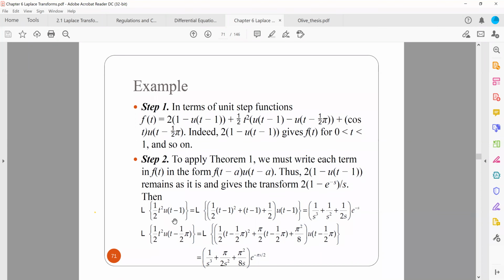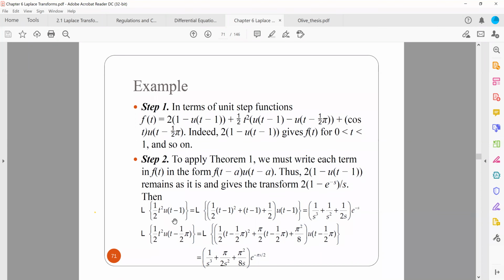For cos t, same thing. With its ut minus a half, you have e to the minus pi s over 2, then Laplace transform of cos t plus a half. Okay, this one again you will use the trigonometry. I think for cos a plus b, it's cos a times cos b minus sine a times sine b.